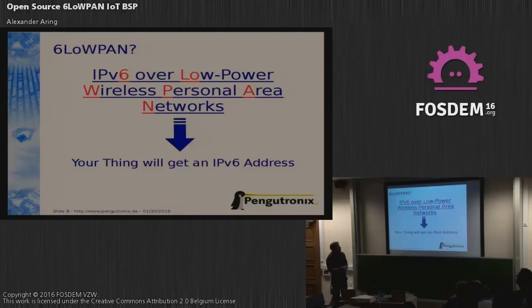It's also used by small IoT operating systems like Contiki or RIOT OS, which run on small microcontrollers, and it means that your thing, which is connected by a microcontroller with Contiki or RIOT OS, gets an IPv6 address to get access from any IPv6 connection.